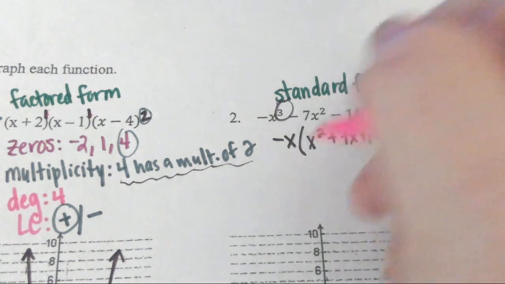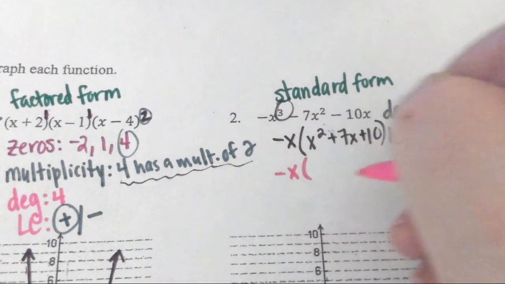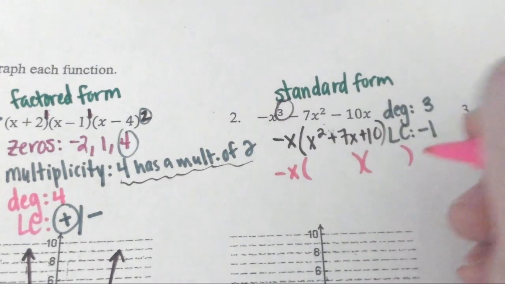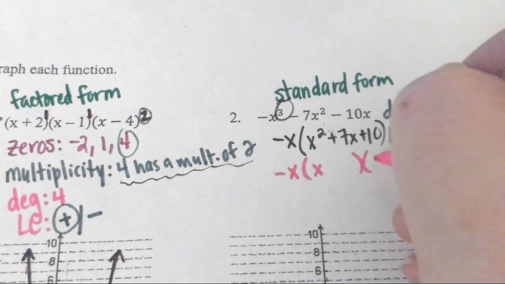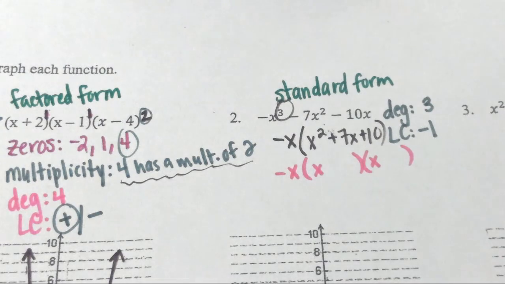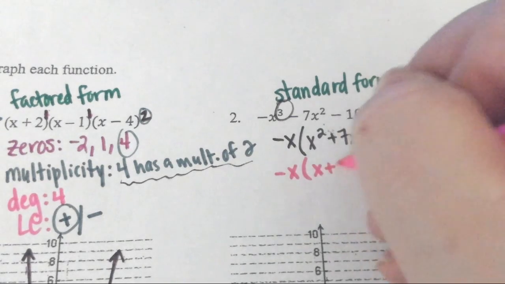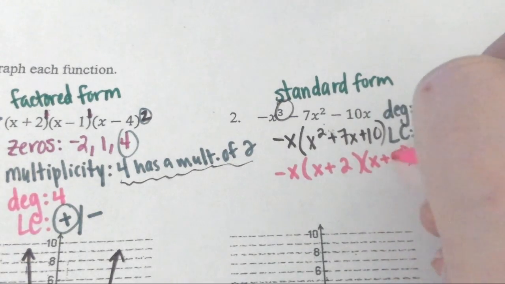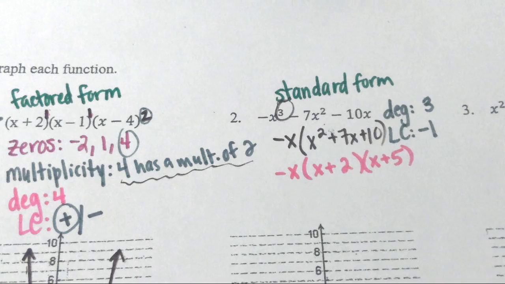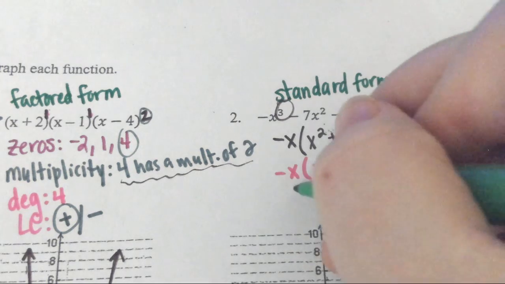If we pull out a negative x, is there some way to factor x squared plus 7x plus 10 to have two pretty binomials? X plus what and x plus what? 5 and 2, you get the point. 2 times 5 is 10, 2 plus 5 is 7, that's perfect. So the reason we did all this is because now we can finally list off those zeros.